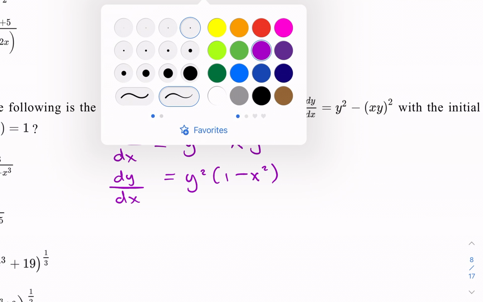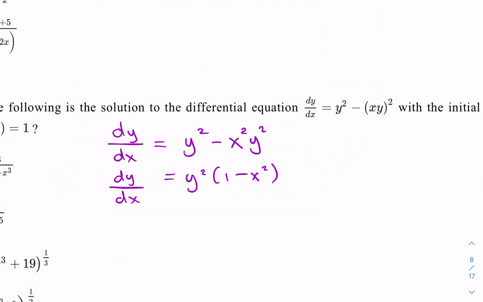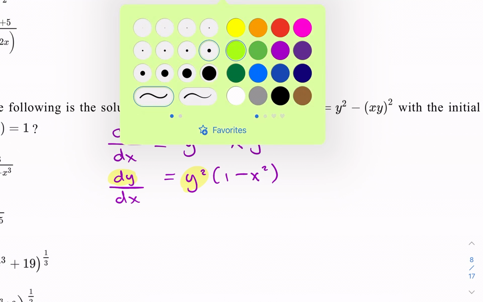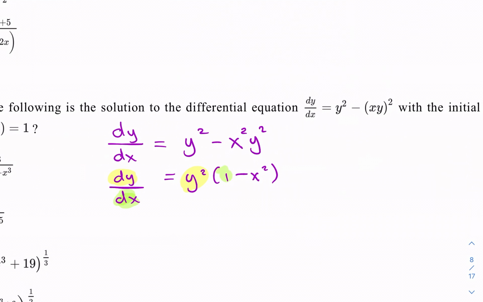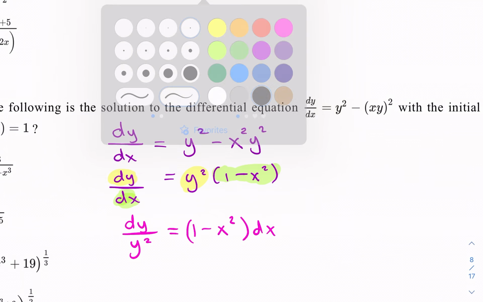So now I can get the dy with the y squared, and the dx with the 1 minus x squared. That means dividing both sides by y squared and multiplying both sides by dx. So now we're ready for the antiderivative step.